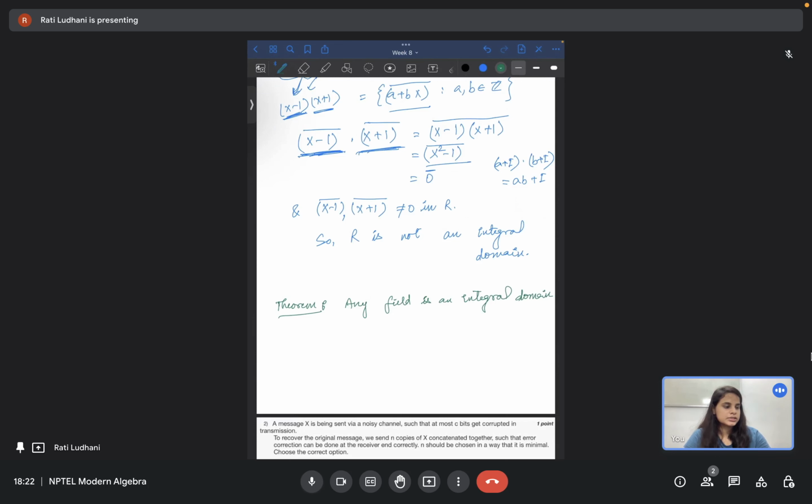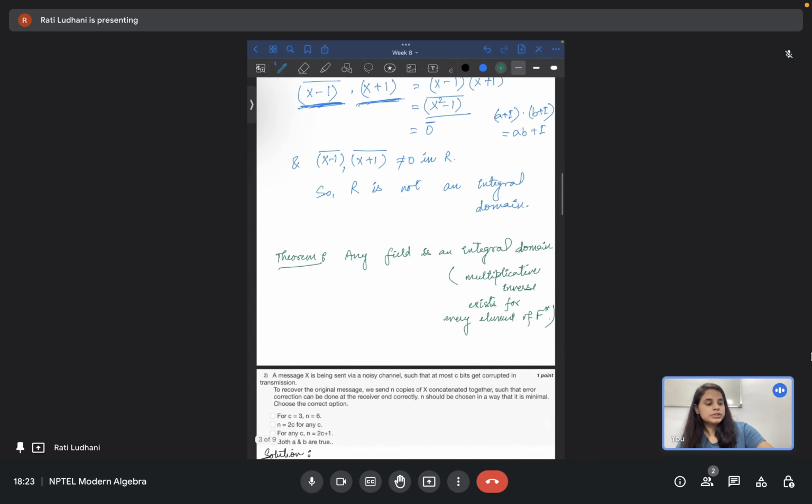Because the multiplicative inverse exists, and you can easily check that if it exists, then it has to be an integral domain. This holds for every element of F star, where F star is F minus 0. So because of this, it is clear that this is not a field. If it were a field, then it would have to be an integral domain. So only option C is correct.